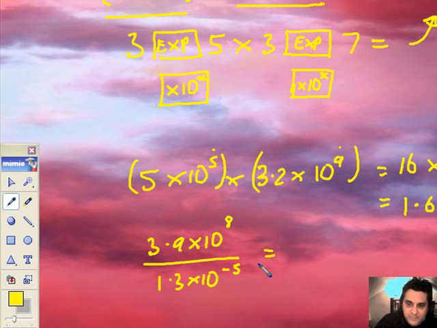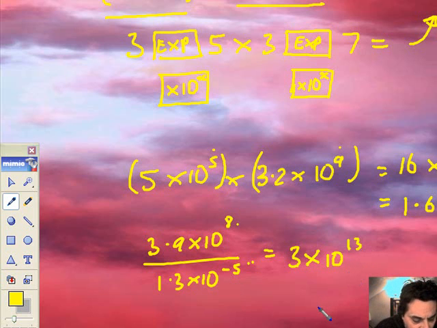I'm choosing not to, but I can use my calculator to do 3.9 divided by 1.3. So 3.9, divide that by 1.3, that's going to give me exactly 3. I should have seen that one coming, shouldn't I? Times 10 to the power of, well, 8 minus minus 5 is 8 plus 5. That's 10 to the power of 13.